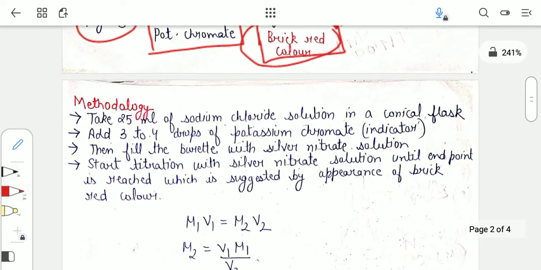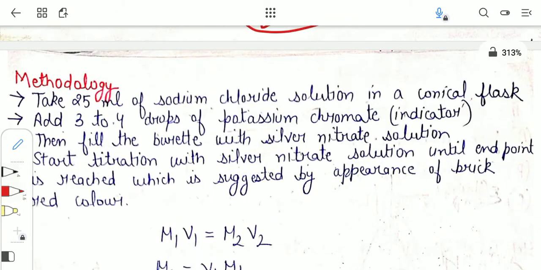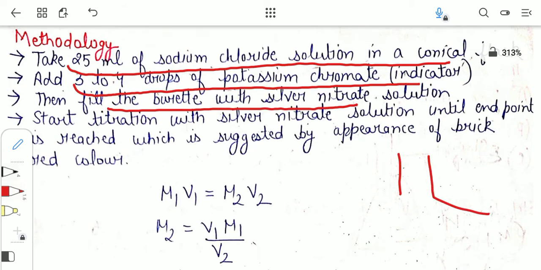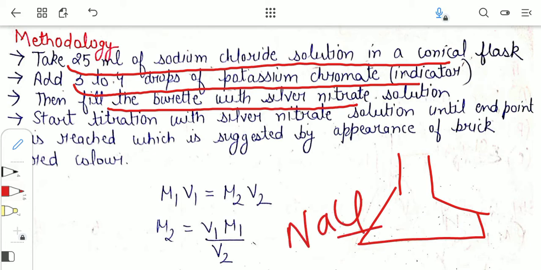So let us read the methodology, then you will understand better. We will take 25 ml of sodium chloride in a conical flask, and then we will add 3 to 4 drops of potassium chromate, which is our indicator, and then we will fill the burette with silver nitrate solution and carry out the titration.